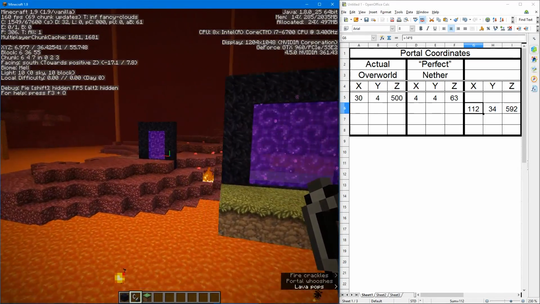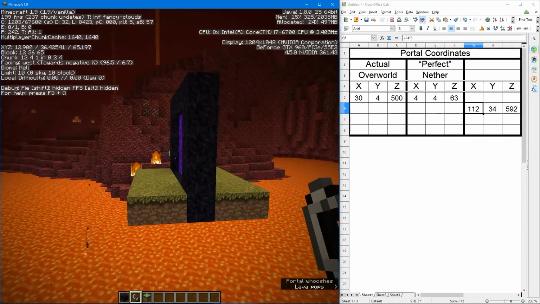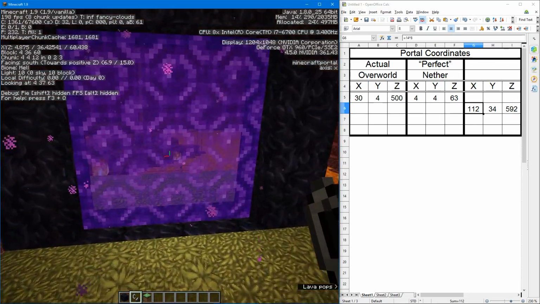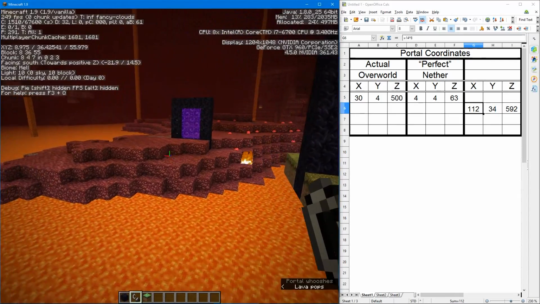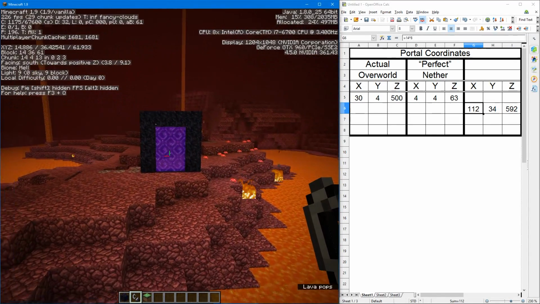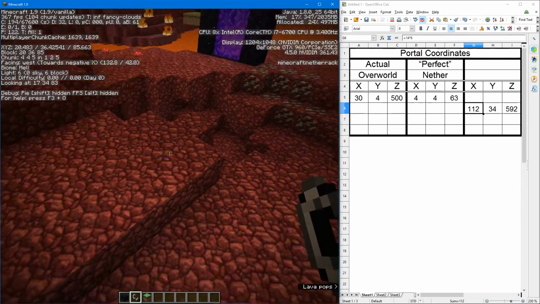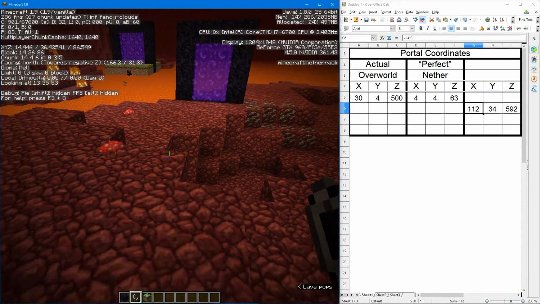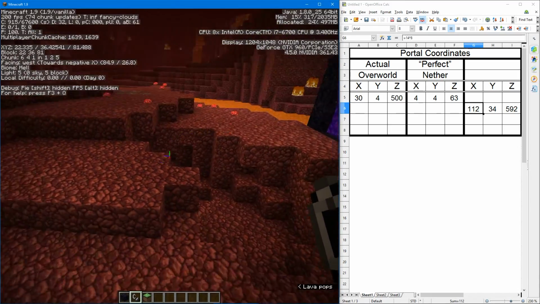And another little tip is that this portal, whenever you go back through to the overworld, will look for the nearest portal of where this division happens, or multiplication in this case, within 128 blocks towards the center. So if you're going more than 8 times 8 is 64, if you're going more than 16 blocks away in the Nether, you can actually have problems with looped portals.